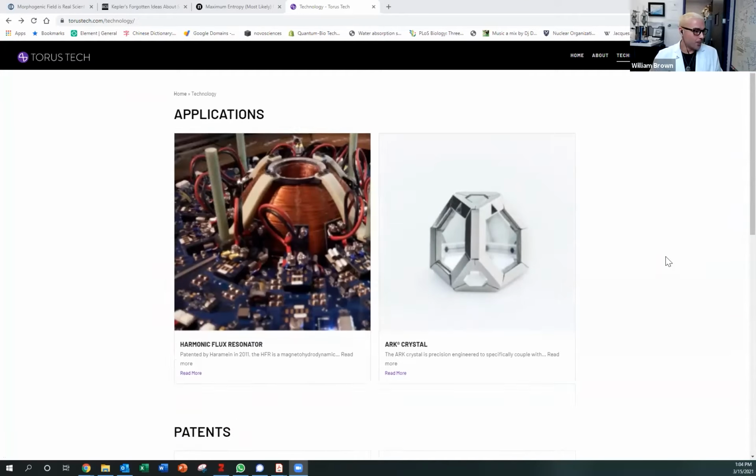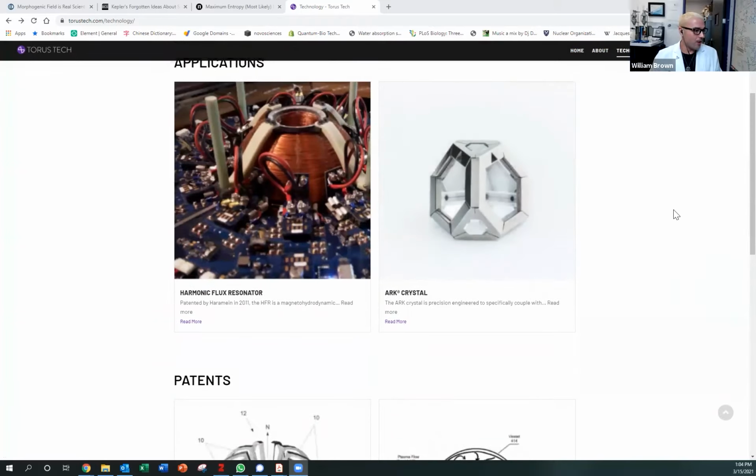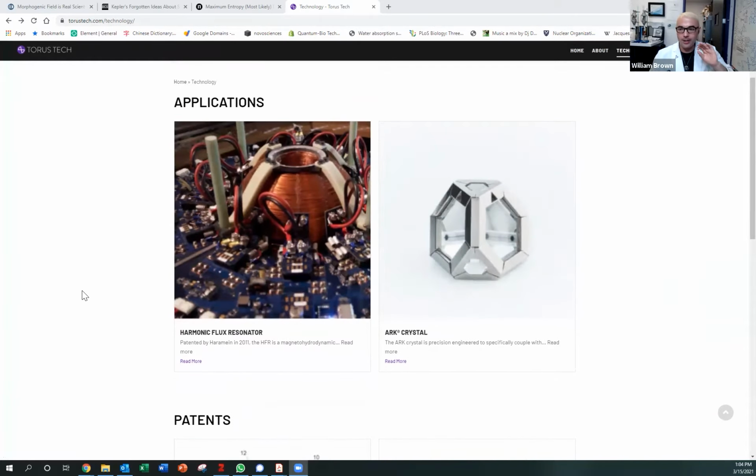Okay, and so we have our ARC crystal, and its dimensions are very specifically engineered, so that we achieve an optimal intrinsic resonance of the crystal oscillator.